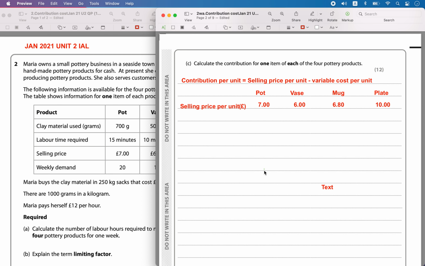Now what is the variable cost per unit? We'll calculate variable cost per unit. It consists of two portions. One is the material cost per unit, and then you have the labor cost per unit.